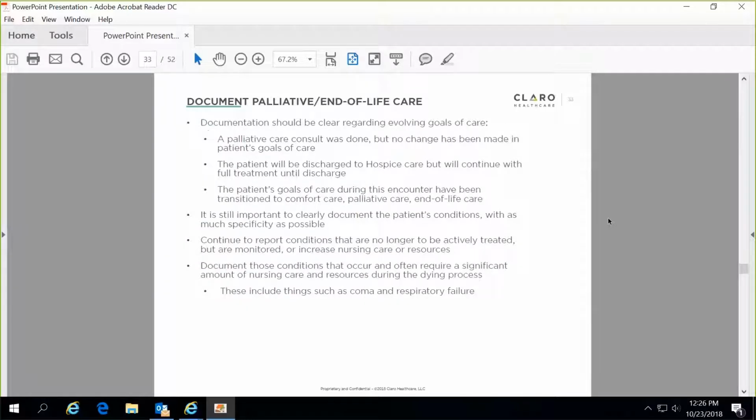Palliative care, we put this in for the attending hospitalists because often the patients are made palliative care and they decide comfort care, but they're still an inpatient. As long as they're inpatient and they die inpatient, they weren't expected to die inpatient.